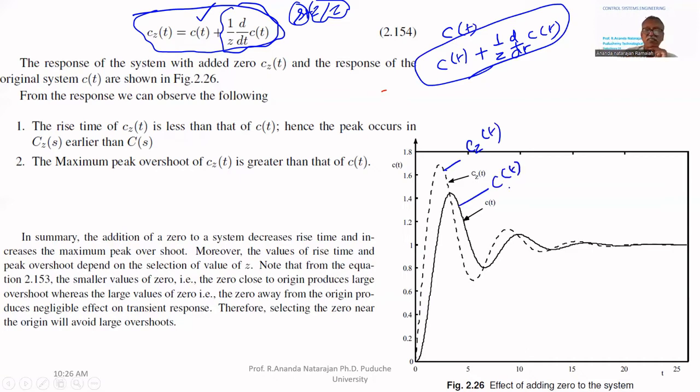After compensation, what are the changes in the time domain specifications?